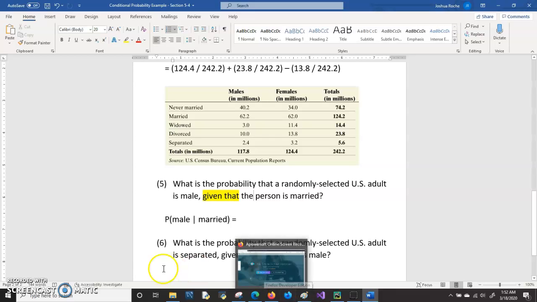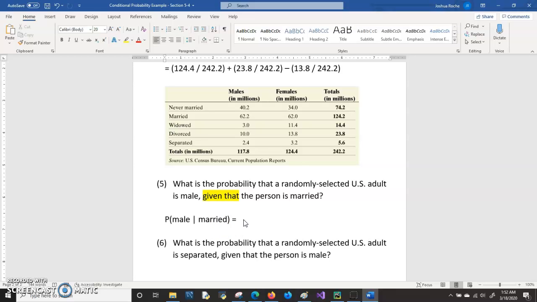We'll write it this way: probability the person is male given that they are married. The given part is that the person is married, and that means that on the table, all we're concerned with is the section of the table about married people. So just this section here, just this row.